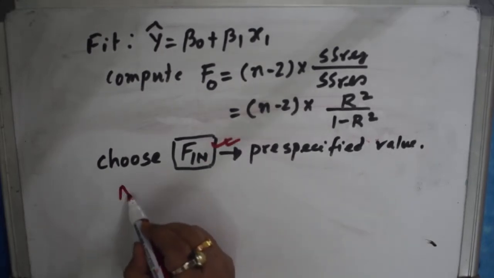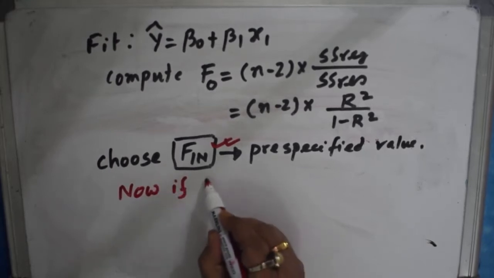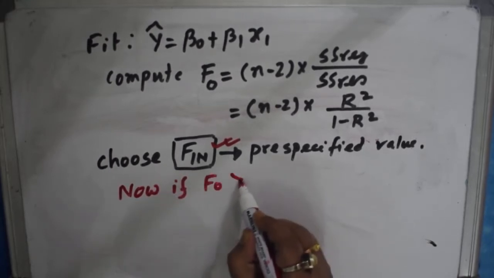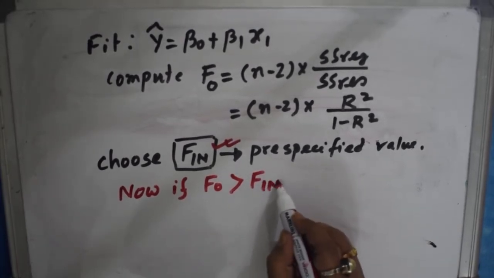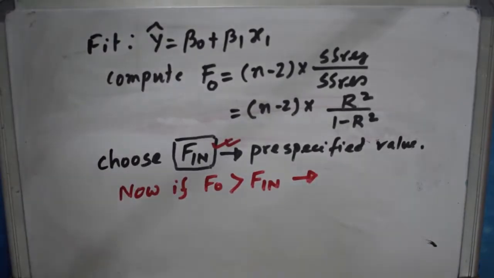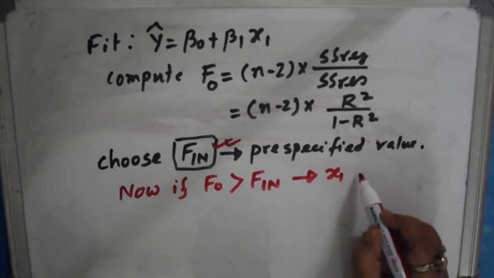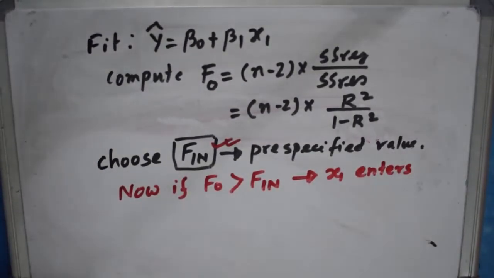Now if F naught is greater than this pre-specified value, then x1 enters into the model.